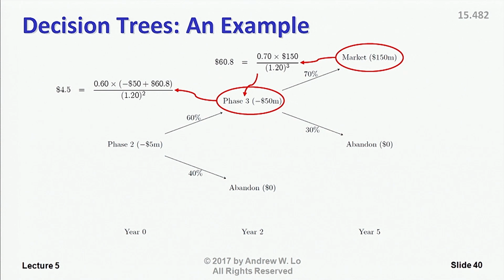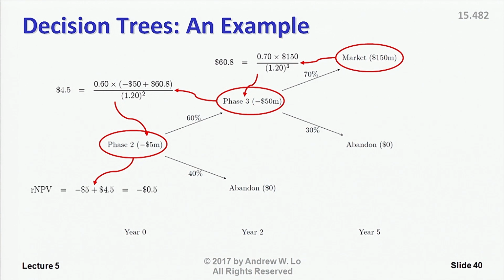And now if I take that and multiply this by 0.6 and divide that by 1.2 to the 2nd power, as of date 0, which is the date that I care about, this now is going to be worth $4.5 million. Okay? And now, if I look at what's happened here, a $5 million cost, $4.5 million risk-adjusted NPV, the bottom line is this is going to lose me $500,000. Do not do this. This is not a good project.